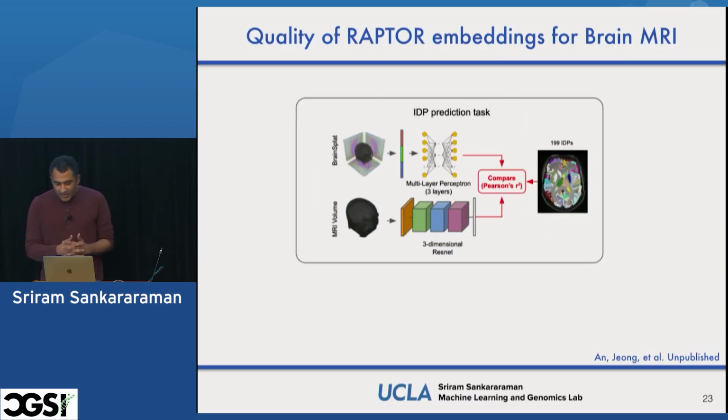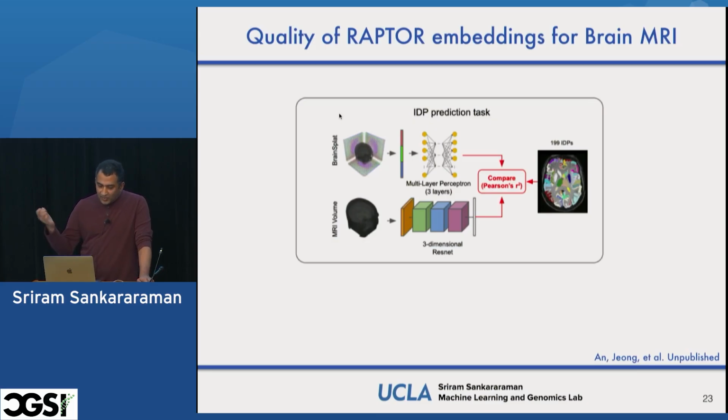Then we decided to ask, what can we say about the quality of Raptor embeddings for very specific downstream tasks? For this, we looked at the brain MRI data from the UK Biobank. For every such MRI volume, there are expert-defined features, like the volume of white matter or differences in the surface area.